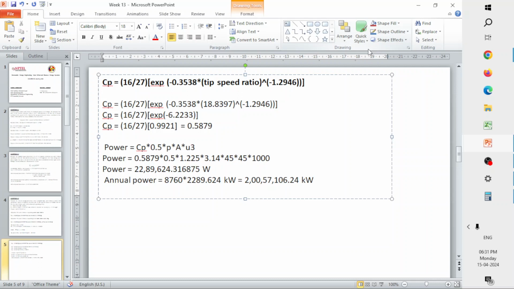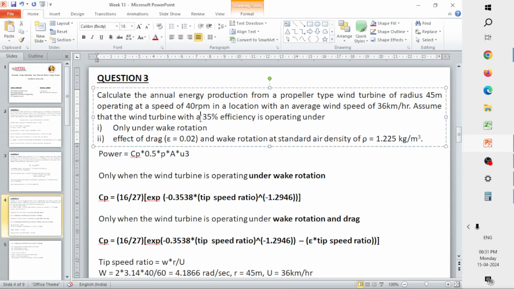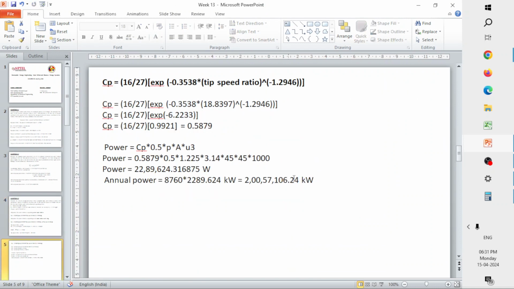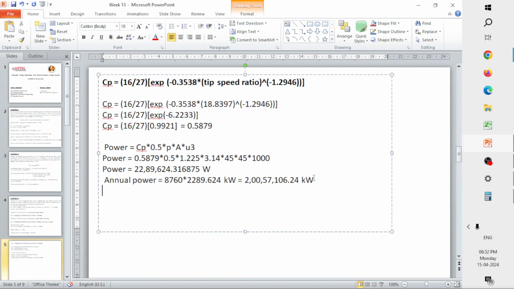But this is if the turbine efficiency is actually going to be 1. Here we have a turbine efficiency of 35%, so then we are supposed to multiply by this. You can call this the maximum annual power.